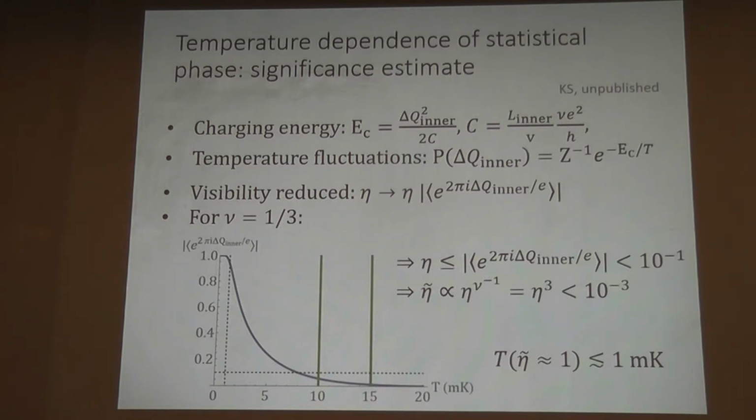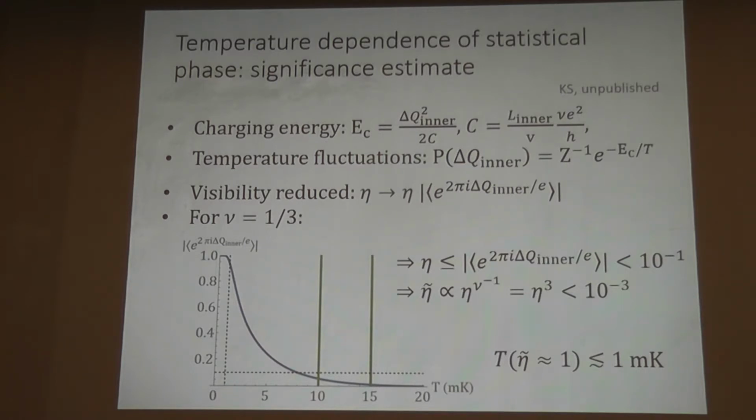So you see the visibility is reduced by this additional factor, and this factor is less than 1/10, which results in the effective visibility that takes into account the ohmic contact properties being less than 1,000th, less than 0.1%, which is effectively unobservable. And this pretty nicely explains the data for the current.